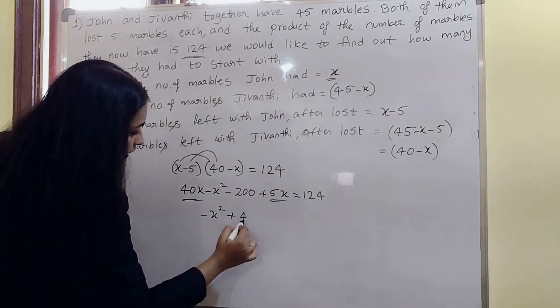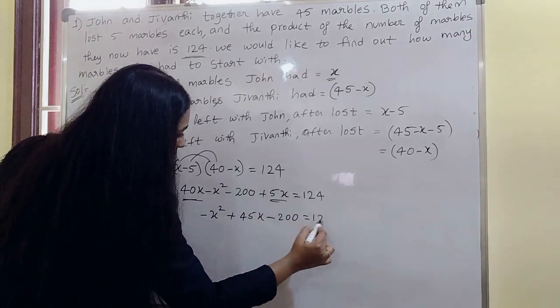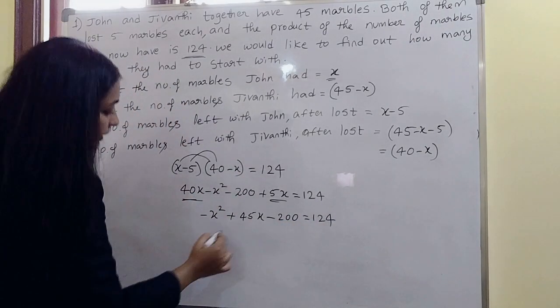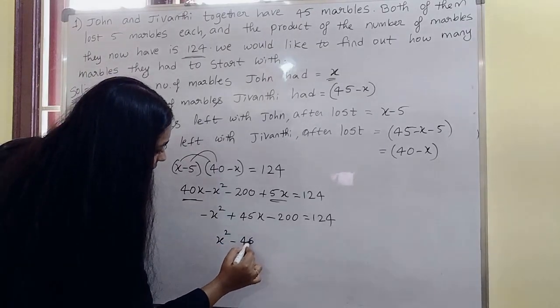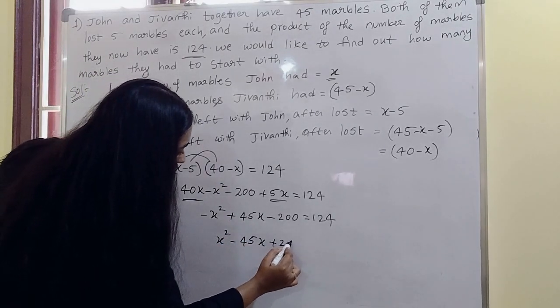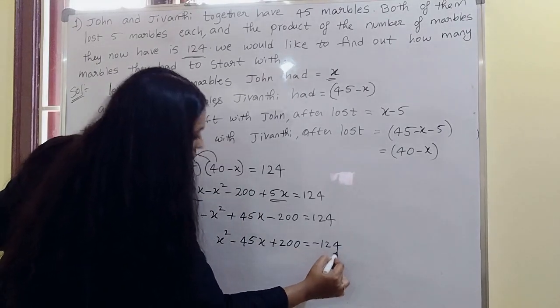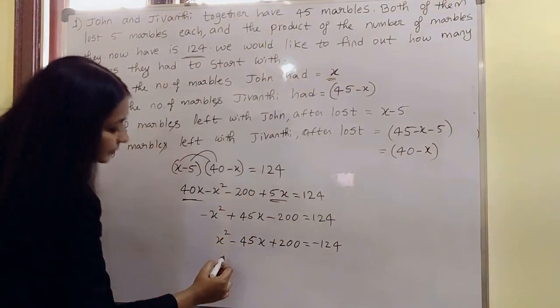So it will be minus x square plus 45x minus 200 is equal to 124. Now what we do, we multiply by minus 1. Okay, x square minus 45x plus 200 is equal to minus 124. So I multiplied by minus 1 on both sides.